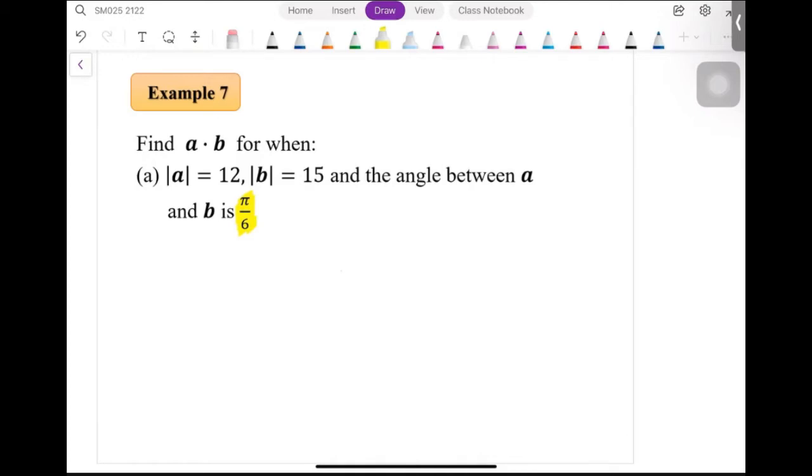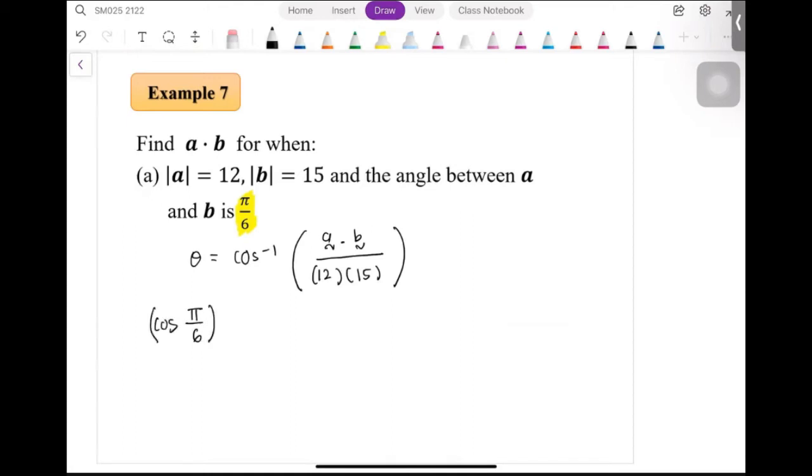As before, theta is basically arc cos of A dot B divided by the magnitude of A, in this case 12, and the magnitude of B, in this case 15. Theta in this case is pi over 6. If I transfer the arc cos to the left side, we get cos.